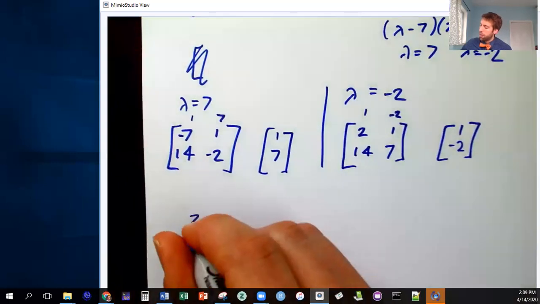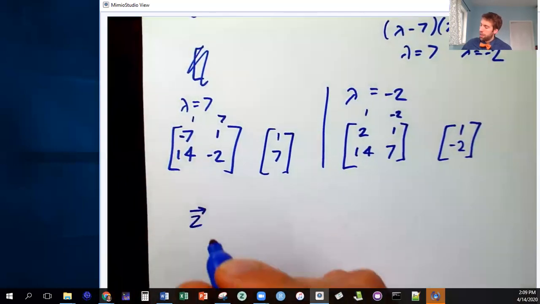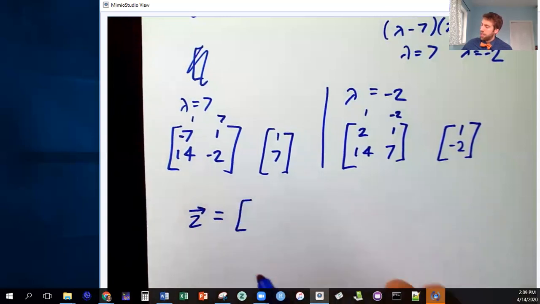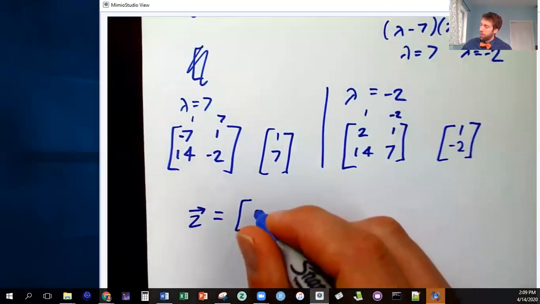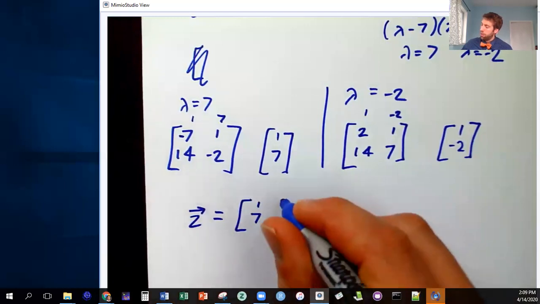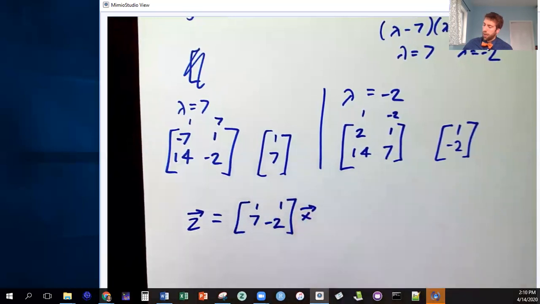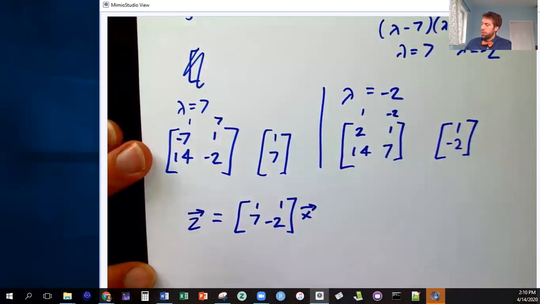Think about z of t, which is equal to t times x, so 1, 7, 1, negative 2 times x. Then taking the derivative means that z prime equals 1, 7, 1, negative 2 times x prime.